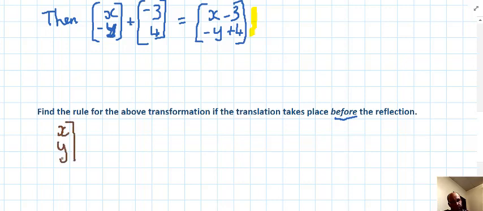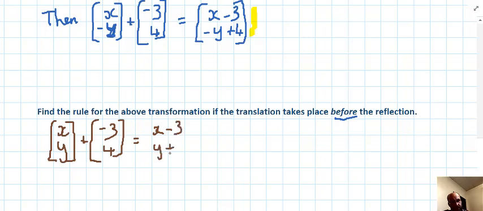Originally we start with point x, y, and the translation was -3, 4. And so we get x minus 3, y plus 4. Step 1, that was.